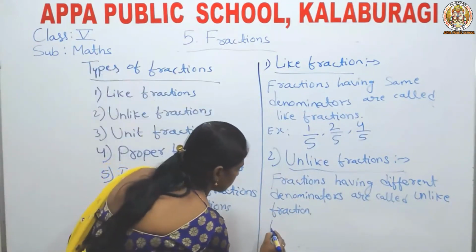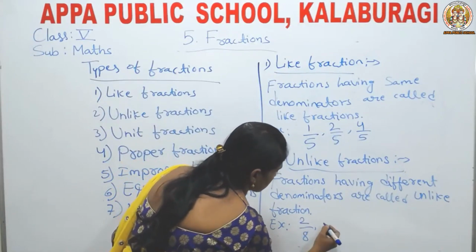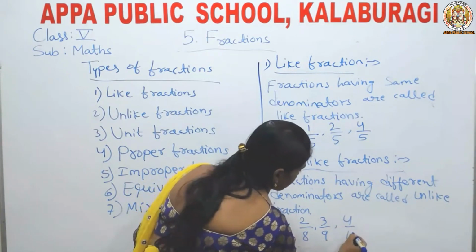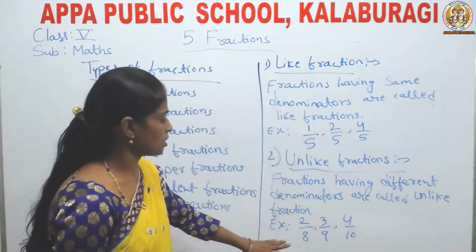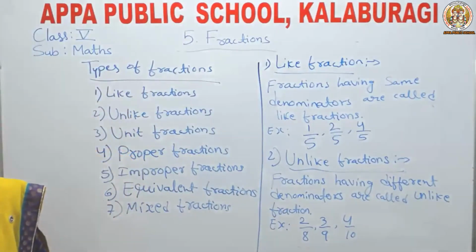For example, 2 by 8, 3 by 9, 4 by 10. These are fractions having different denominators, called unlike fractions.